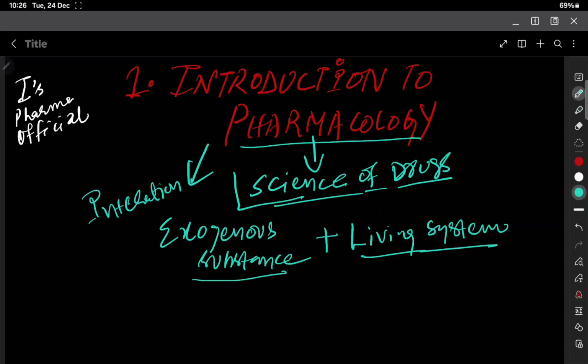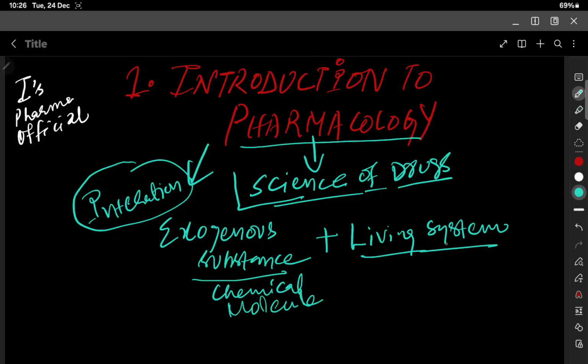So pharmacology is the interaction between an exogenous molecule and the living system. That is the simple definition of pharmacology. This whole study is called pharmacology.